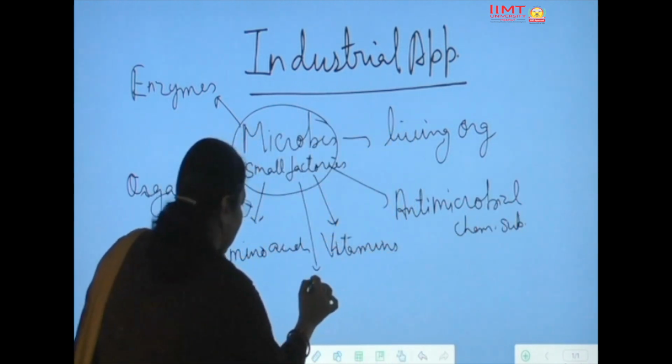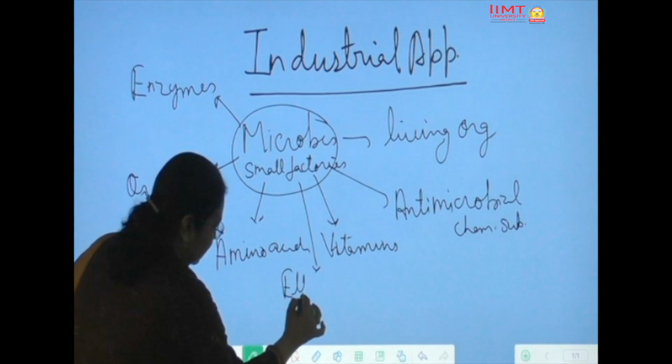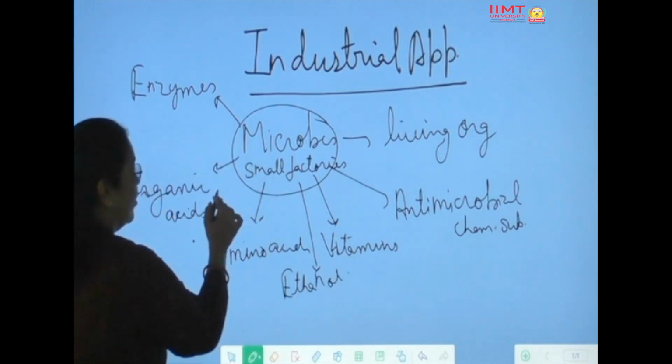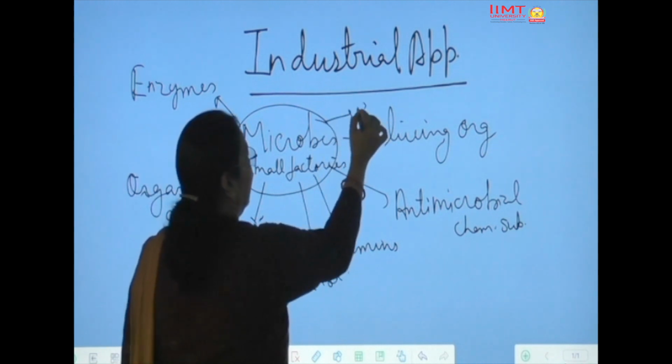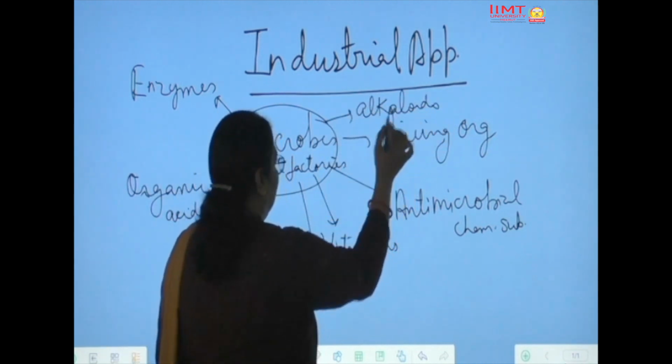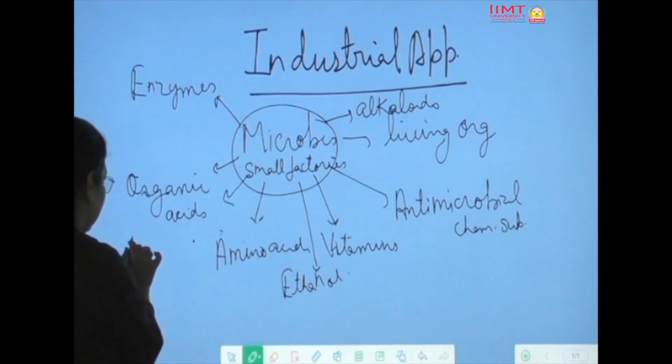They can produce ethanol, certain alkaloids, and certain pigments.